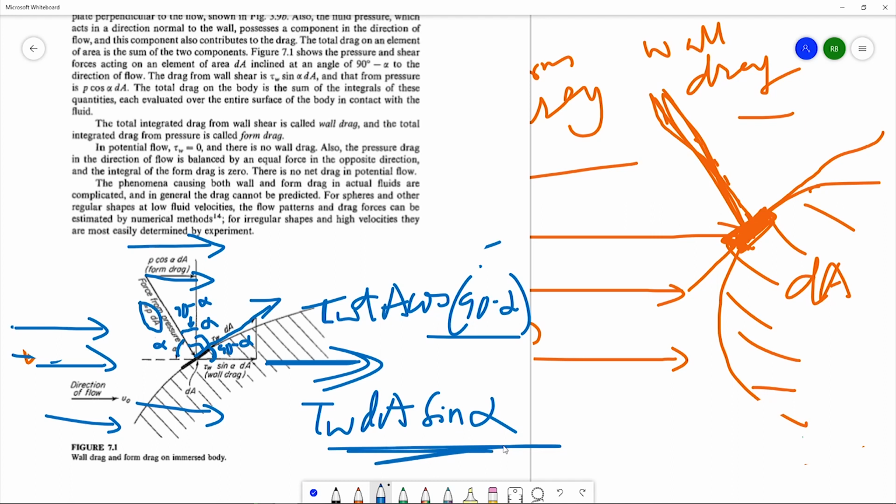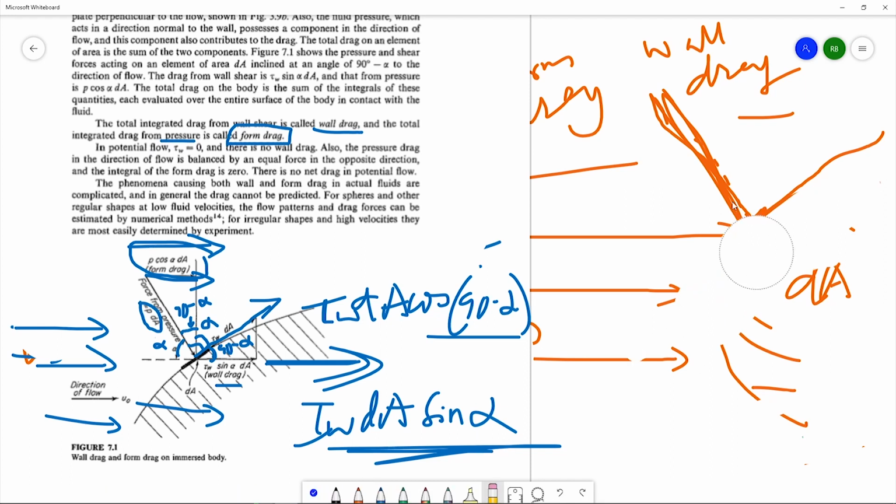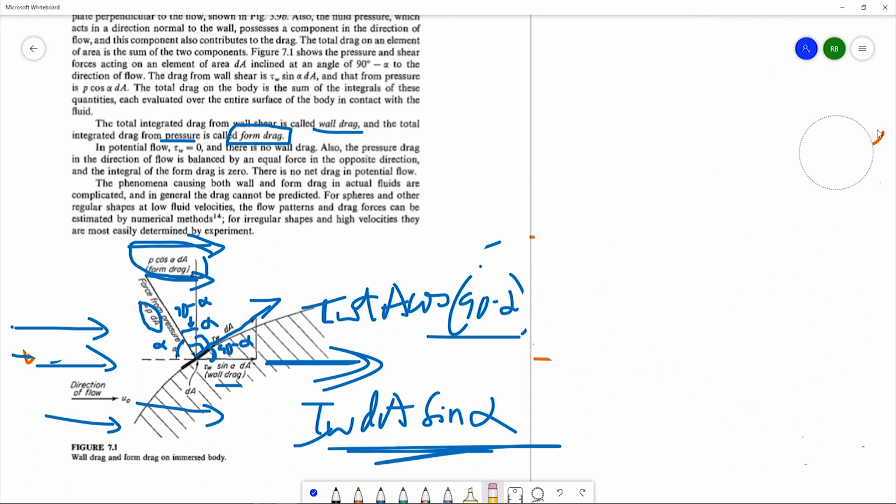So the drag because of the shear stress is called wall drag. And the drag force because of the pressure is called form drag. Okay, wall drag is because of shear and form drag is because of pressure. Fine. So what is the total drag then? The total drag will be equal to the sum of these two, right?